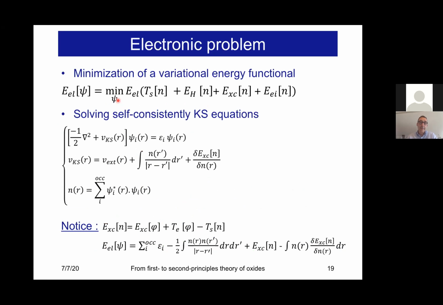Basically, what we do is the minimization of an energy functional that is done now in terms of one-body wave functions, and we need to minimize an energy functional that includes 4 terms, all of which can in principle be expressed in terms of the density: a kinetic energy of the non-interacting particle, the Hartree energy associated to your density, the interaction of your density with the external potential created by the ions, and the exchange correlation energy that depends on your density, and which is unknown and must be approximated. I will come back to that in a minute.